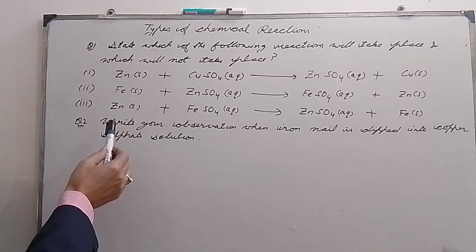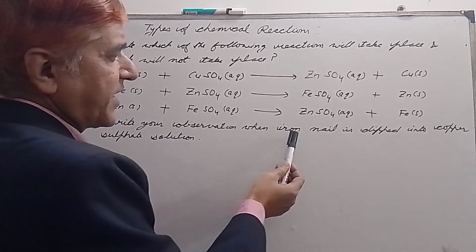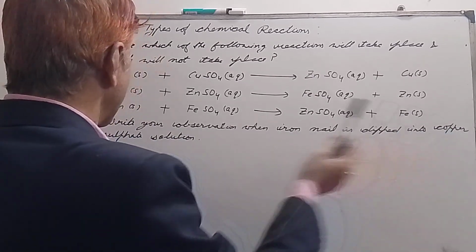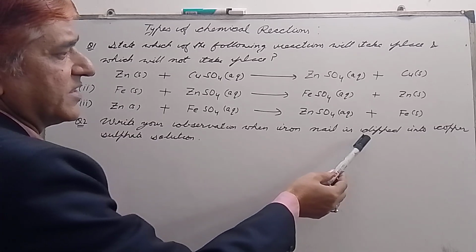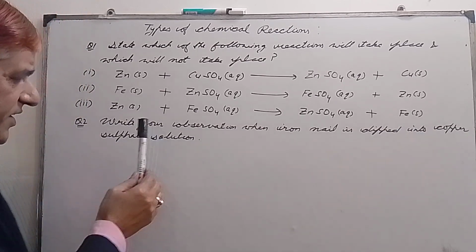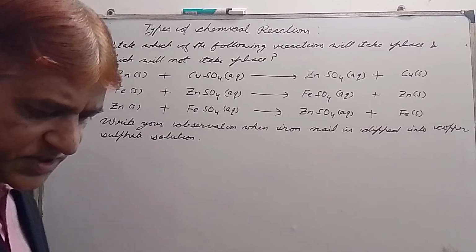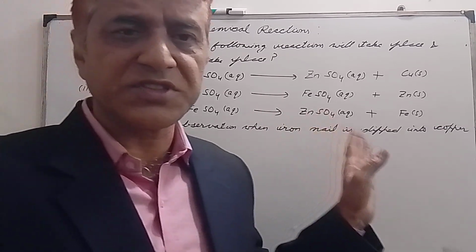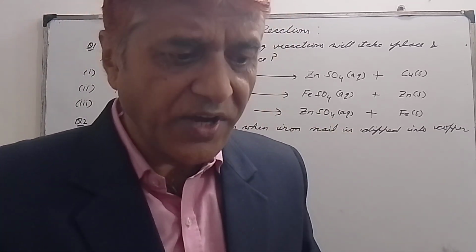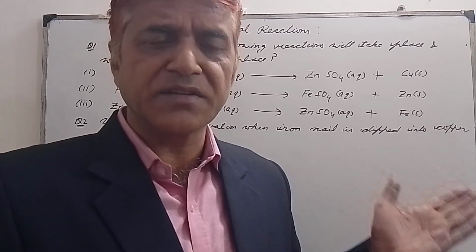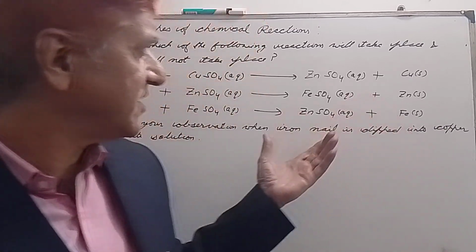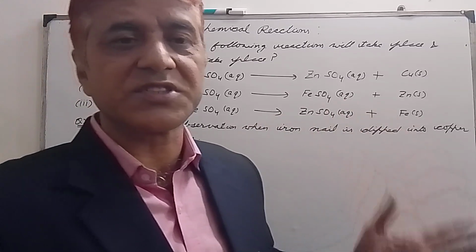Question number 2: write your observation when an iron nail is dipped into copper sulfate solution. Once again, write your observation when an iron nail is dipped into copper sulfate solution. My dear students, I have given you these 2 questions, and if you have attentively attended our previous classes, then there is a guarantee that you will be able to answer them.